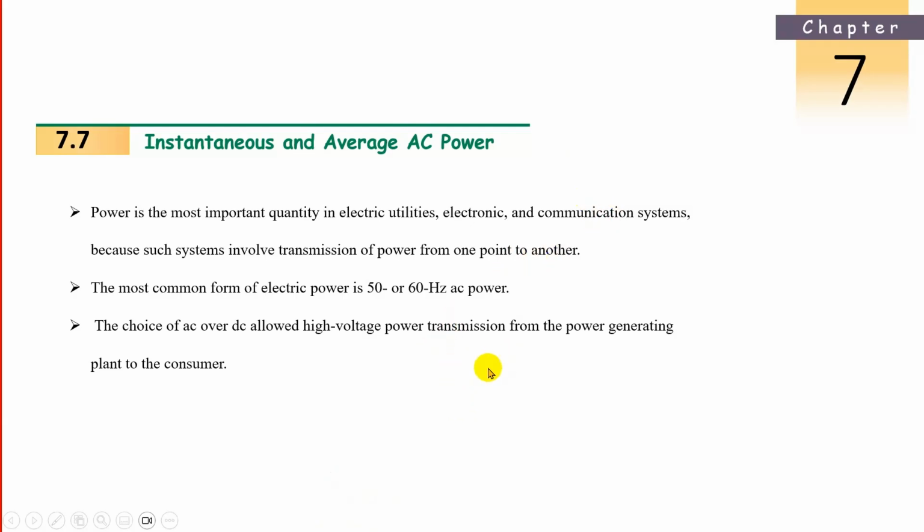In 50 hertz, only one wire carries the high voltage, 220 volts, and the other is neutral, 0. So both give 220 only. They have their own advantages and their own disadvantages. Don't worry. In 50 hertz generally we say more heat will come. In 60 hertz they say power efficiency is good. So both are acceptable. It's not different.